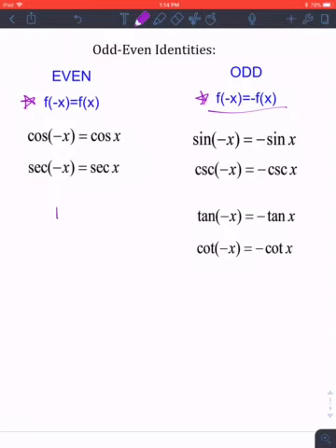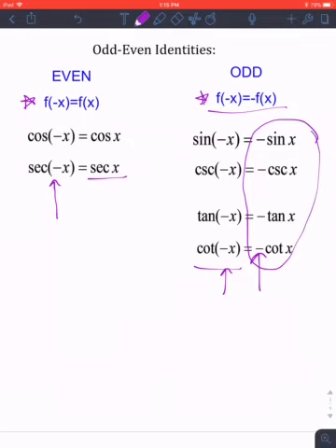So when you see here, when you're plugging a negative x into that function, it simplifies to just be secant of x. Versus all of these on the right side, say cotangent of negative x, that becomes negative cotangent of x. So what you see here on the right side is always the more simplified version of what you see on the left side.